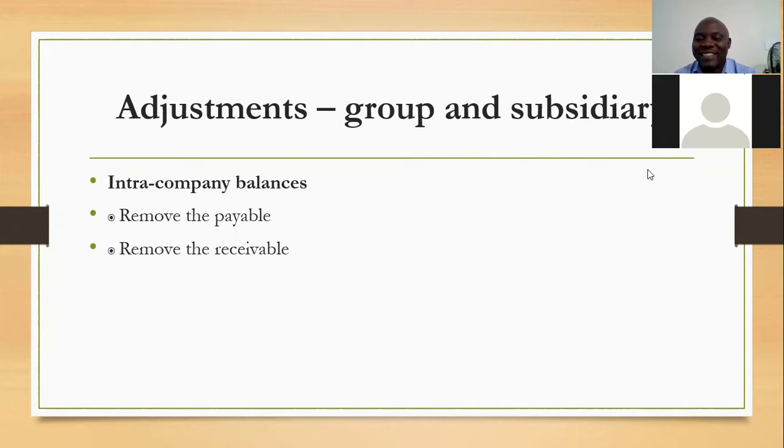Your net assets at post-acquisition will fit well in both the NCI, for the post-acquisition NCI, and in the group retained earnings. The net assets at acquisition will fit well in the goodwill computation, like I said, and in the NCI computation, but only just that portion at acquisition, sorry.